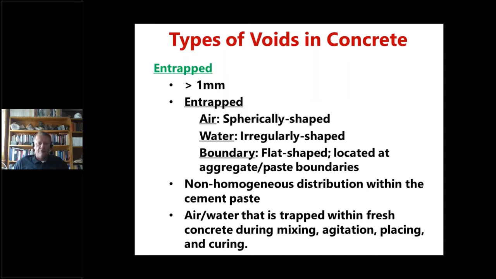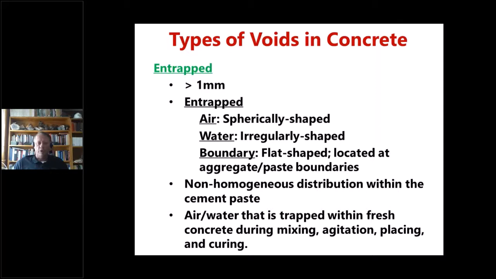Second type of void is what we call an entrapped void. By definition, these guys are greater than 1 millimeter in size, and entrapped air voids come in one of three different varieties, and you can distinguish one from another based on the shape of the void. So an entrapped void that's more or less spherically shaped, we'll call that an entrapped air void.